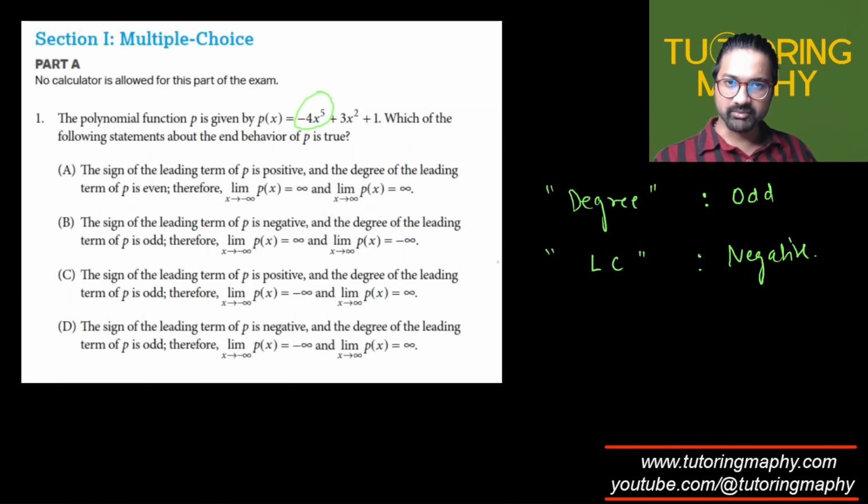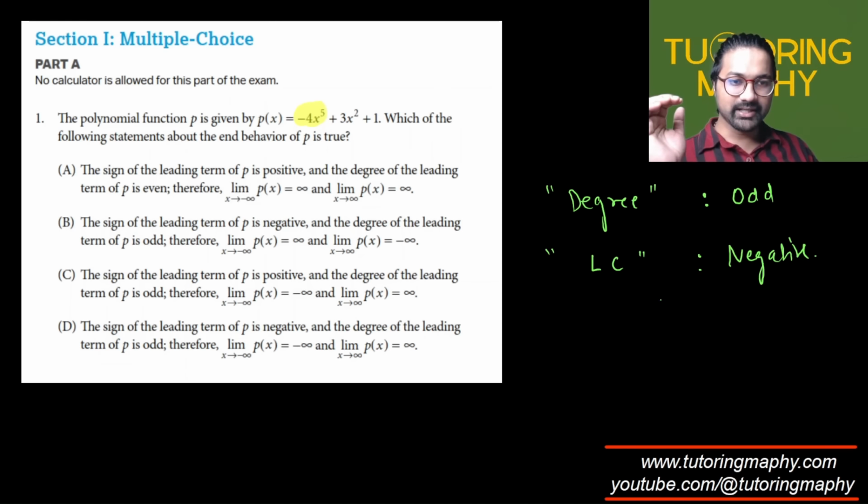So the negative just pretty much comes out, and that negative is multiplied with the negative leading coefficient and becomes positive. Please keep in mind that in any polynomial's end behavior, only the leading term plays a role. The other terms can just be ignored.